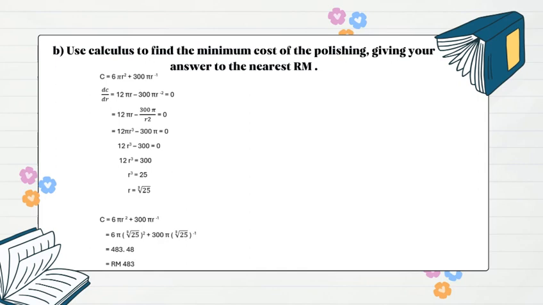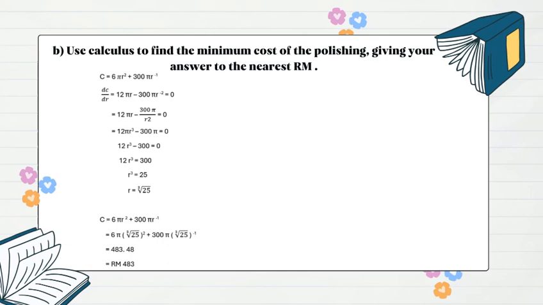Now multiply everything by r squared to get 12 pi r cubed minus 300 pi equals 0. If I divide everything by pi, they disappear, which means 12 r cubed minus 300 equals 0. Dividing by 12 now, r cubed equals 25, which means r equals the cube root of 25.